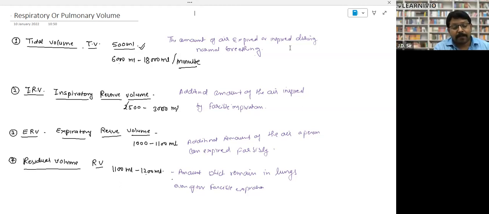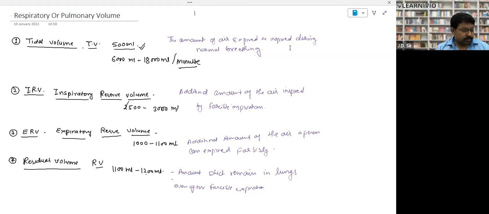The extra amount of air that can be expired forcibly after normal expiration is called ERV.